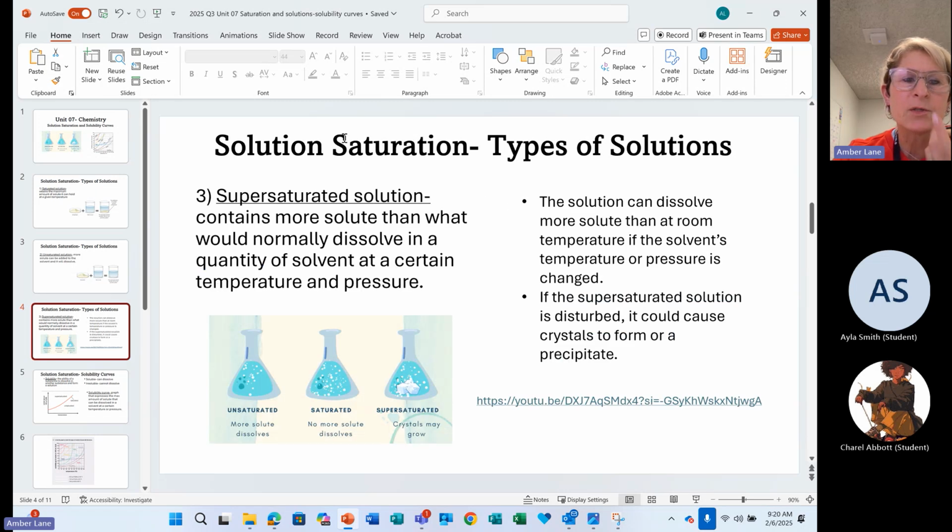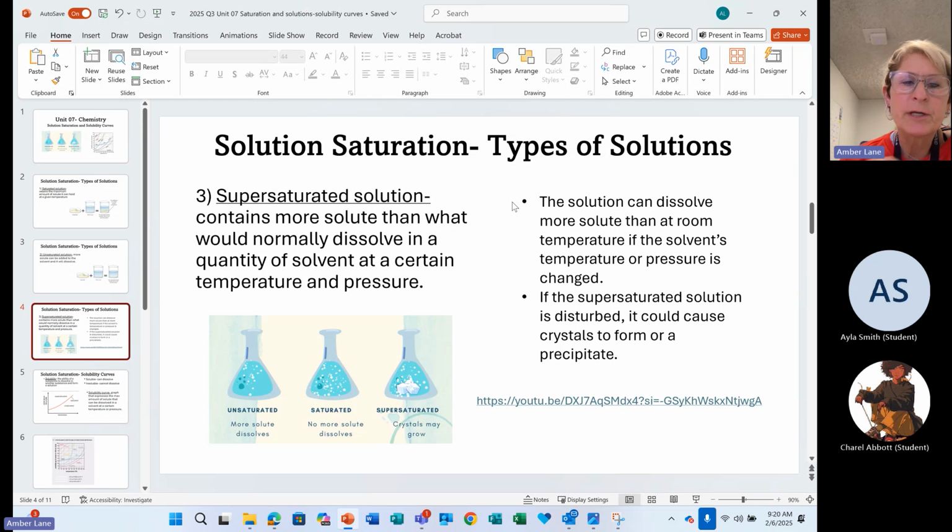is one that I find a lot of people haven't heard about. A supersaturated solution: it's super, so like more, okay? It contains more solute than what would normally dissolve in that solvent. The only way you can make a supersaturated solution is to change the temperature or the pressure of the solvent to allow it to dissolve more solute.